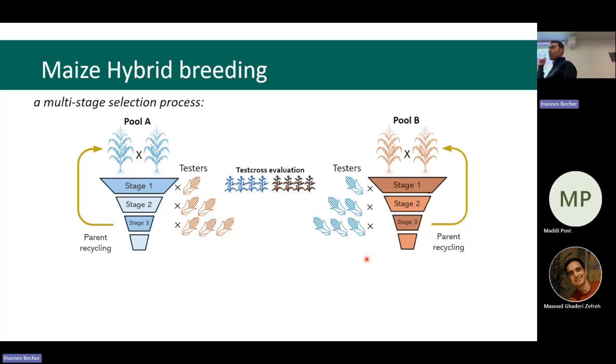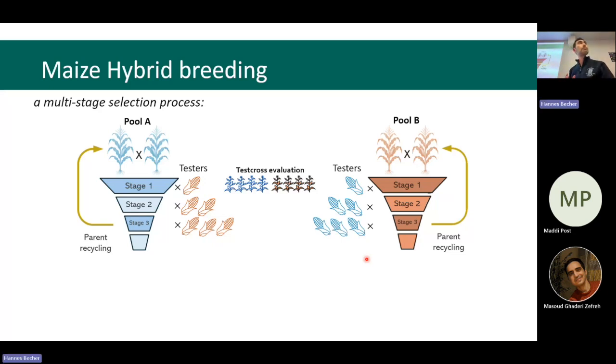They use recurrent reciprocal selection methods in a multi-stage selection process. They start with stage 1, testing all the candidate lines with one tester. They do preselection and move to the next stage, increasing the number of testers as the stages advance. They do the test cross evaluation at every stage, but the number of candidates is reduced like a bottleneck, ending with very few selected materials.